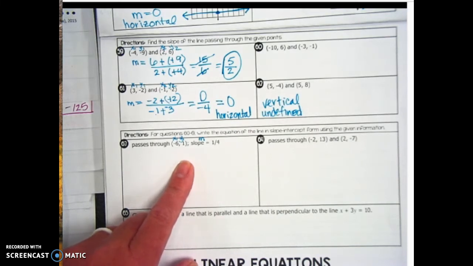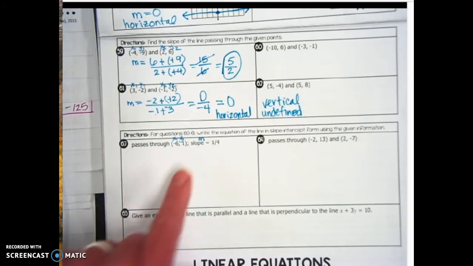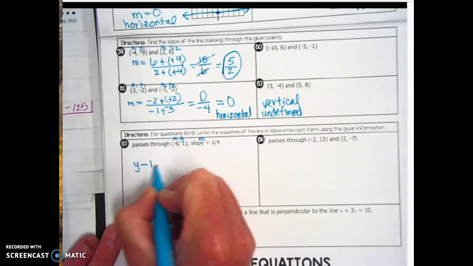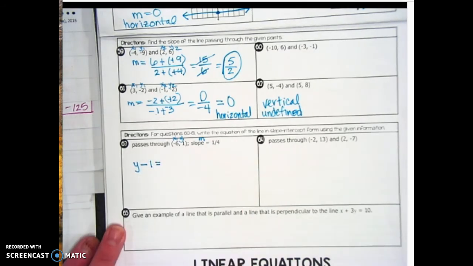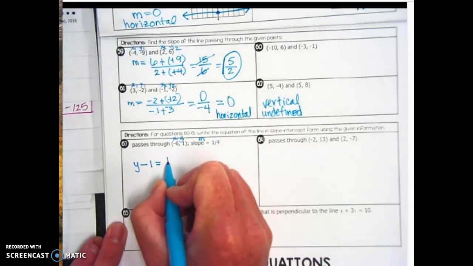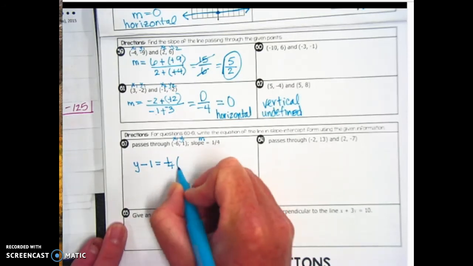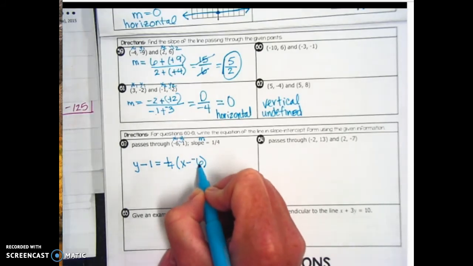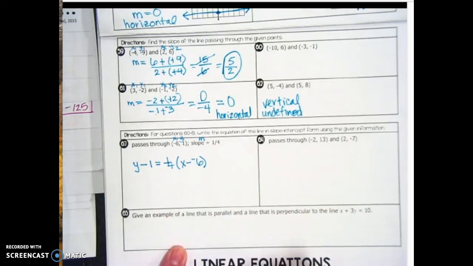And you're going to plug in the three numbers. You're going to plug in the y1. Well, so you're going to say y minus 1. Then the equation has an equal sign. Then we want to plug in for m, so it's 1/4. Then there's a set of parentheses and x minus x1. So it's x minus -6. All right?